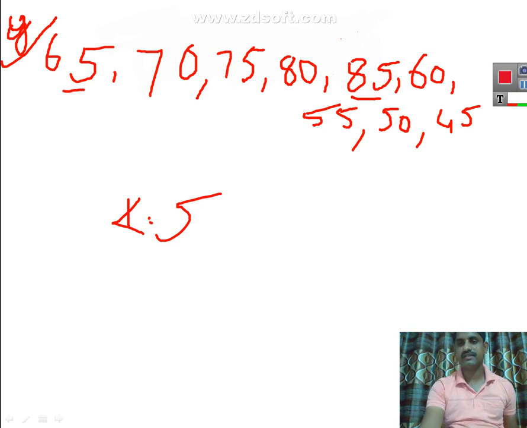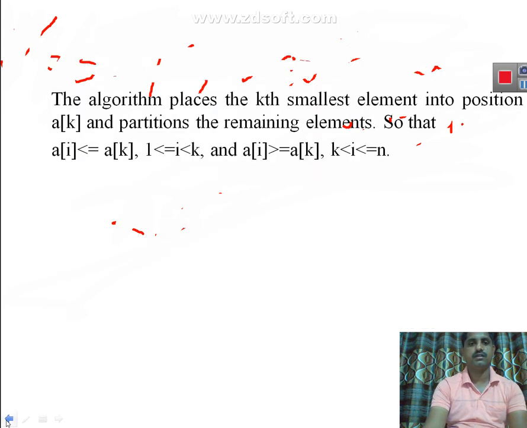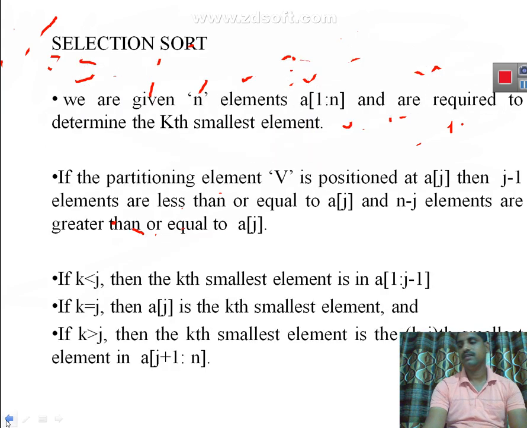The time complexity is big O of n square. That is selection sort.